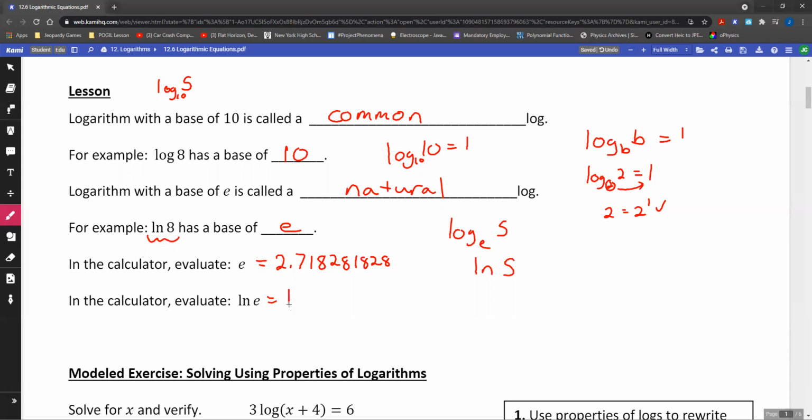And remember what I said before: when you take the log of a number that's equal to the base, it always equals 1. So that's why ln of e equals 1, because ln is a natural log which has a base of e. So we're taking log base e of e.